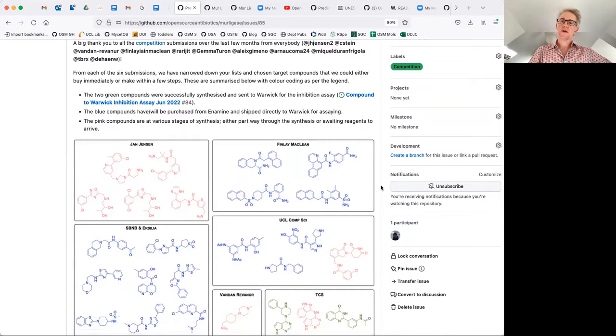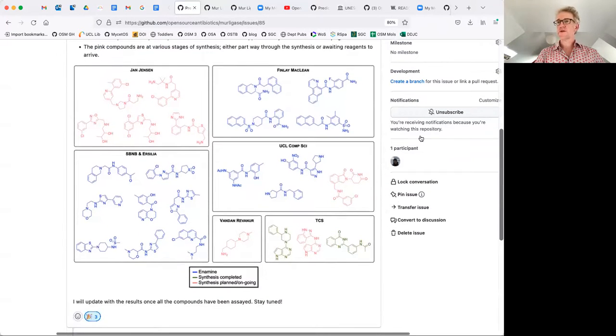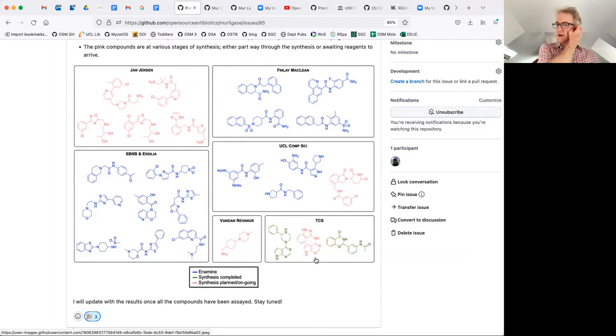And we started this AI machine learning competition, asking people to use generative methods to design new molecules that might bind those areas. Jan Jensen, who's been on lots of the previous calls, suggested some, and there were several other entries that came in. Some of those molecules have been bought, and some are being shipped directly to Laura where we can do that, and others are being made by Ed and by Daniel, who's also on the call.